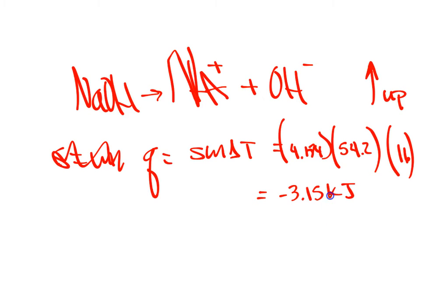But then we wanted it per mole, correct? Yeah. So that's my kilojoules. I'm going to divide it by the moles. What was the mass of your substance again, Caitlin? 4.4 grams was the mass of her sample, and I'm going to divide that by the molar mass of NaOH, which is 40, correct?